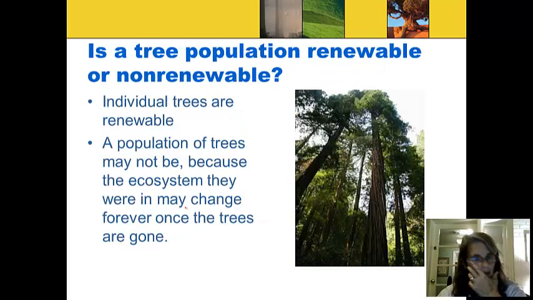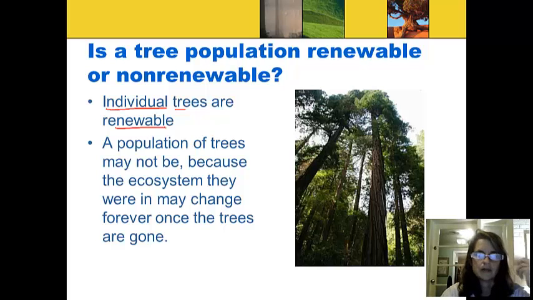Now, a tree population, renewable or non-renewable? Okay, it kind of depends on what you're talking about. Certainly, individual trees are definitely renewable. We can cut down a tree, plant a new tree, definitely. But if you clear cut an entire forest, then you may permanently alter the ecosystem in such a way that those trees and the things that lived among those trees are gone forever.